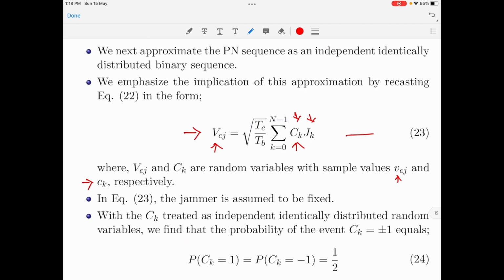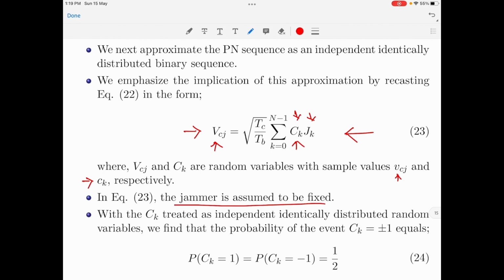Further, in equation 23 here, let us assume the jammer is fixed. So, since we have already assumed that Ck is treated as an independent, identically distributed random variable, the probability of the event Ck either being equal to plus 1 or equal to minus 1 will be the same. That is, probability of Ck equals plus 1 is equal to probability of Ck equals minus 1, which will cause these values to be equal to 1 by 2.